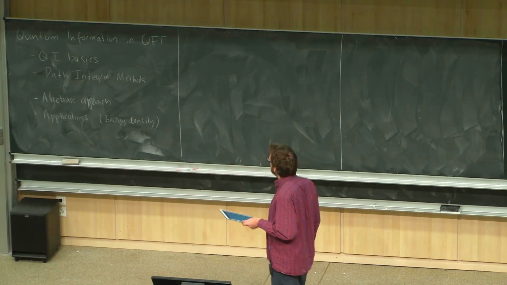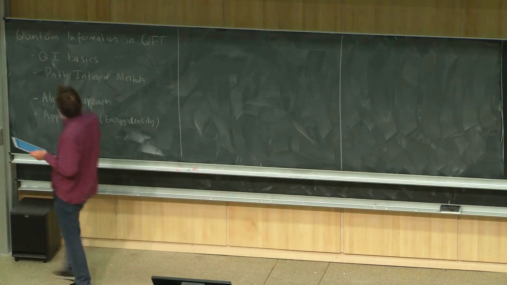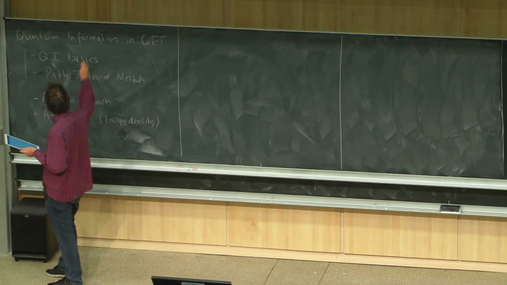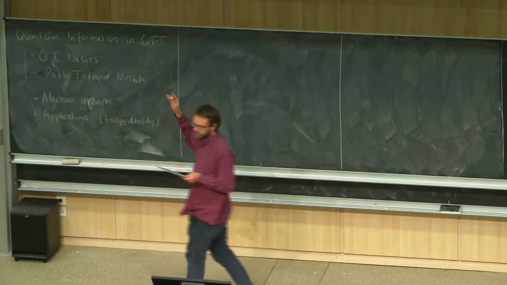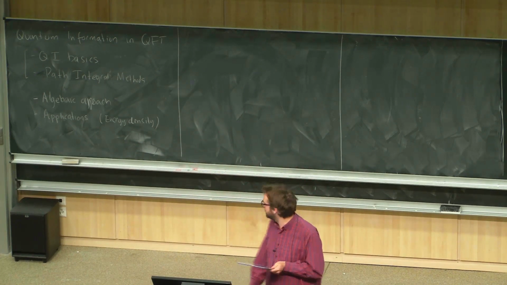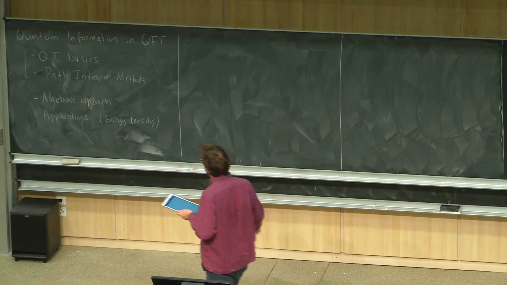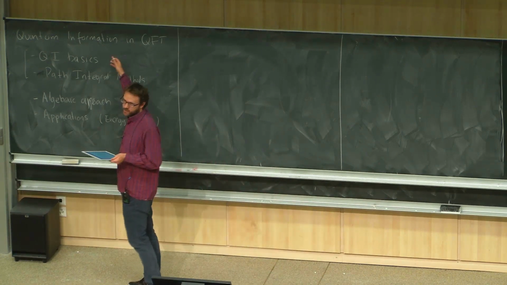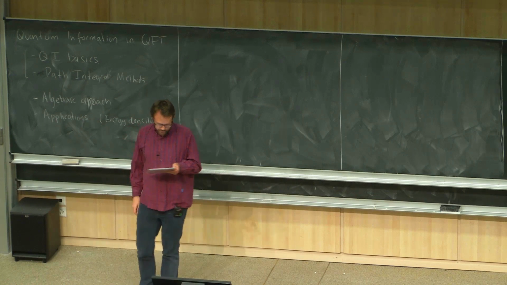The other thing to say is, today I'm going to talk about these two topics. I'm going to give a lightning review of quantum information, some basic facts about quantum information, and then I'll talk about path integral methods for trying to understand quantum information in quantum field theory.